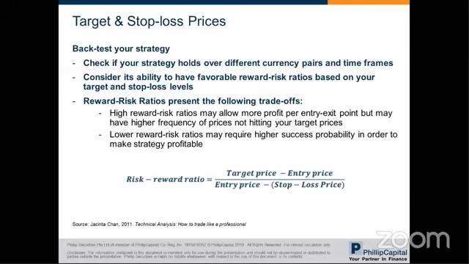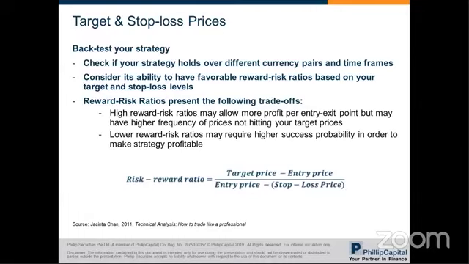Likewise, if you set a lower risk reward ratio, that means you close out your positions when the share price moves only slightly higher, with a lower target price. That means you exit a position early. This will require your strategy to have a higher success probability compared to triggering your stop loss price.